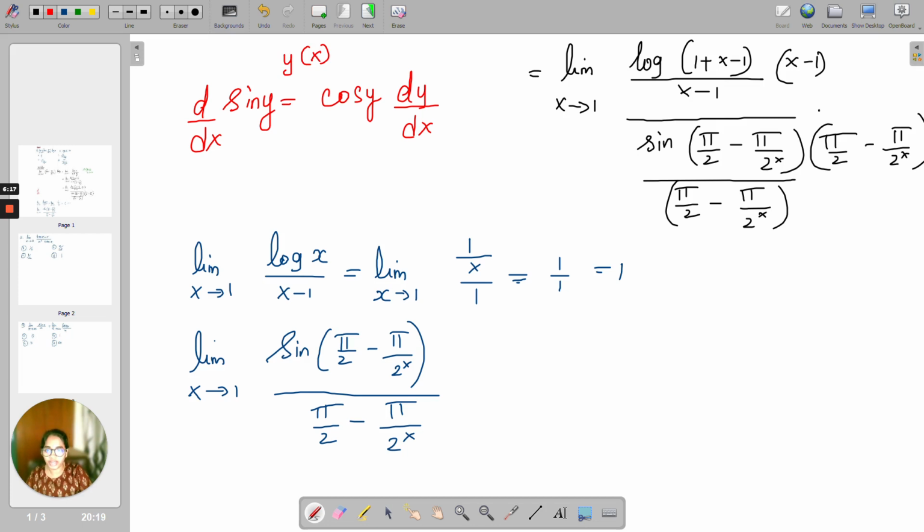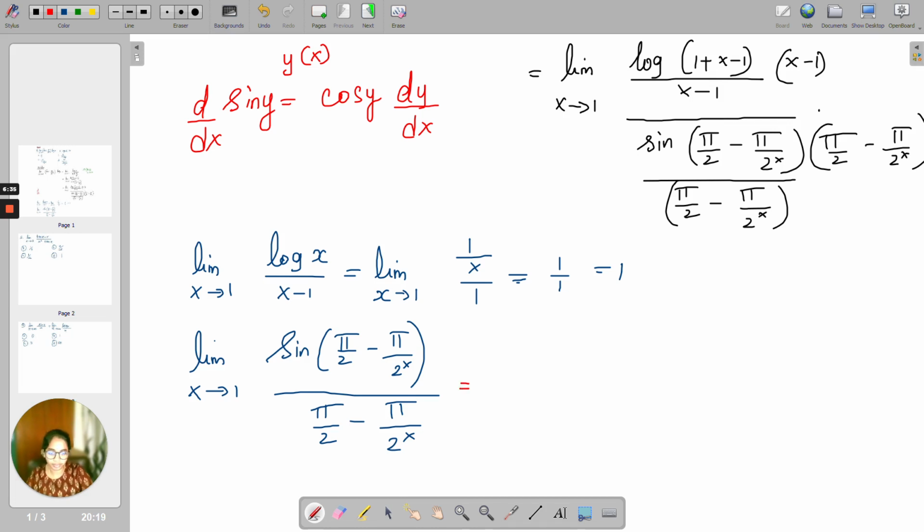I would get cos y, but then again I would have to differentiate y too because it is a function of x, right? So what would I get over here?